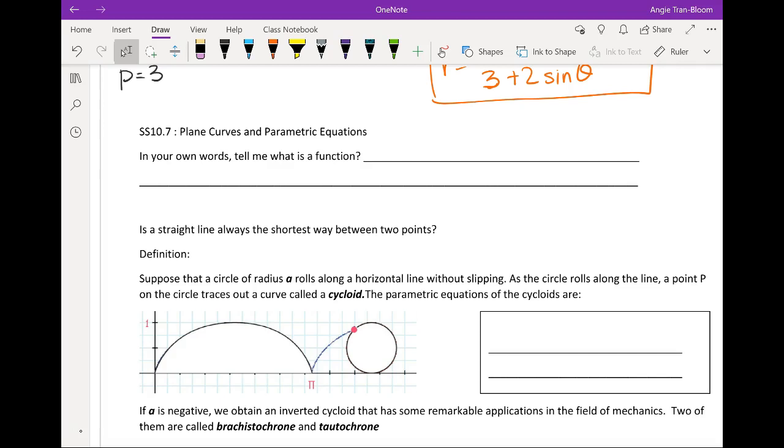If it's one-to-one, then each output must have one input and vice versa. But if it's a parabola, like Edwin brought up, and you have a y value of 4, you may have 2 x values, and that's still okay. That's a function. So that's your own words.